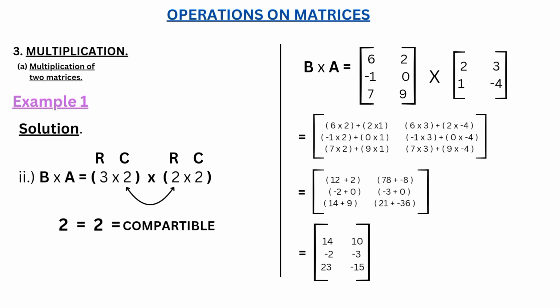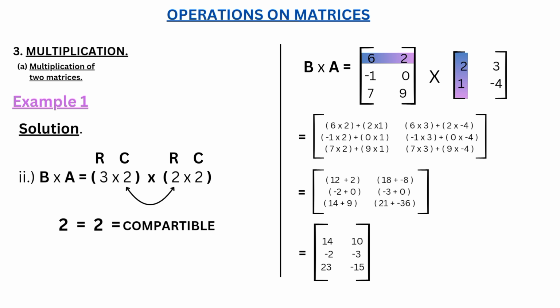So this is what I mean. We take 6 times 2 plus 2 times 1. So we take the first row of the first matrix and multiply it with the first column of the second matrix.